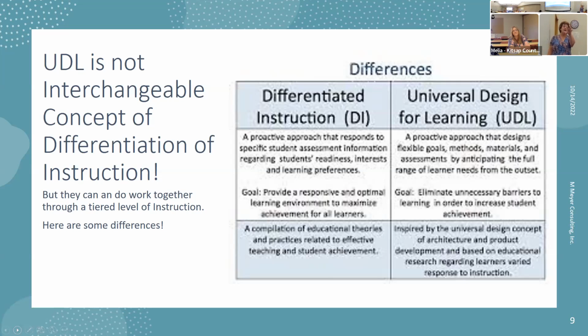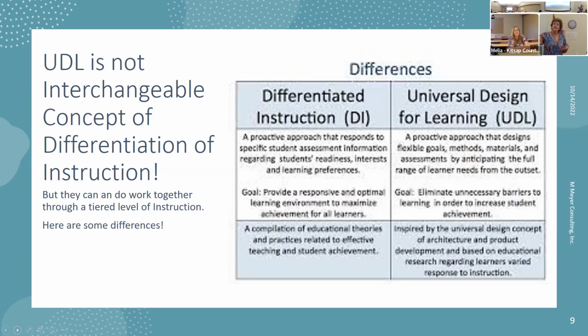Rather than "this is what I have and we're going to assess you based on what we have available," which may not meet the person's learning style and may not even meet their access to the environment, it's: this is what we're going to teach. How do we help all of our students access that information? Although it may be very different, how can we do that? That's going to be the difference.